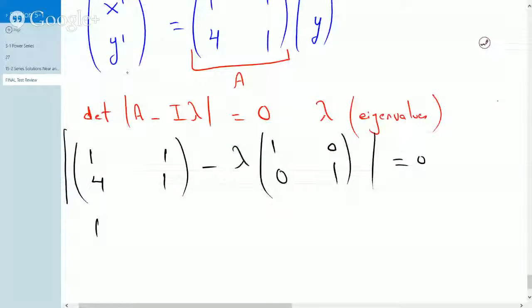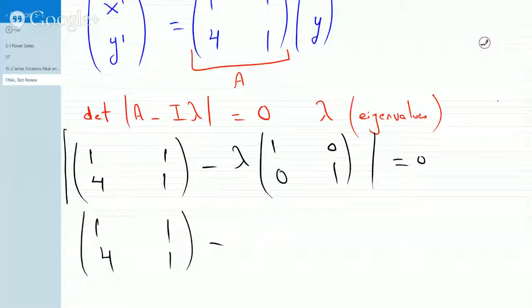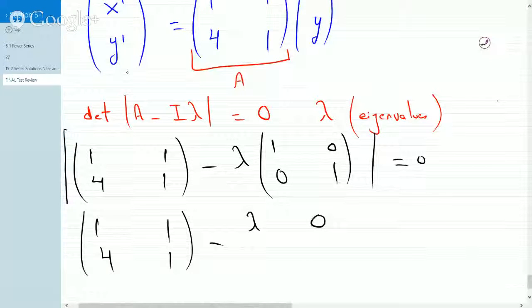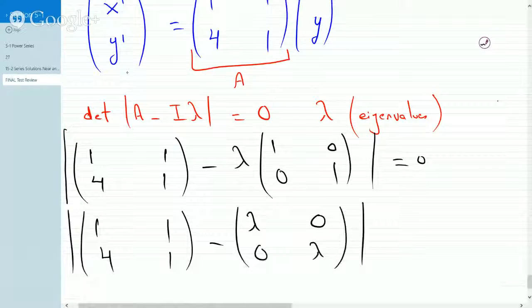And so we get 1, 1, 4, 1 minus lambda, which is a scalar, so we can multiply it by each one of the components of our matrix. So we get lambda 0, 0 lambda. And when we're done, we will take the determinant of this and set it equal to 0.